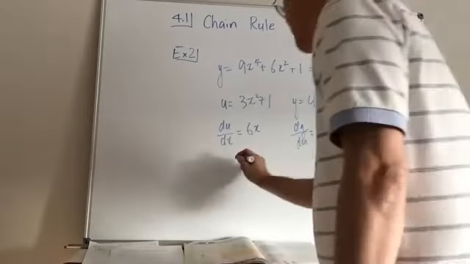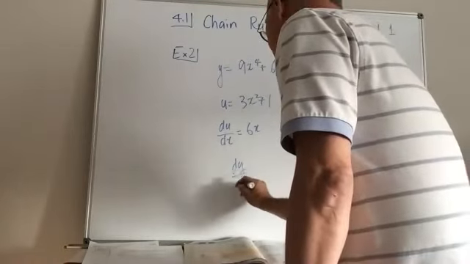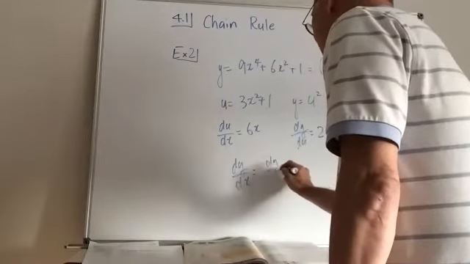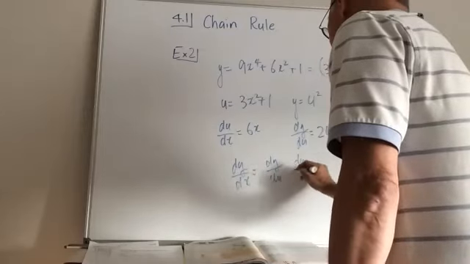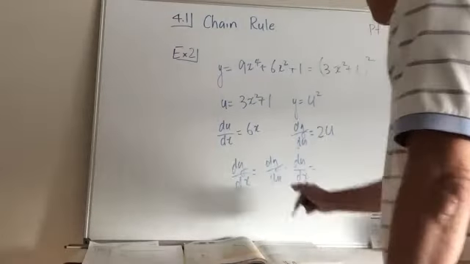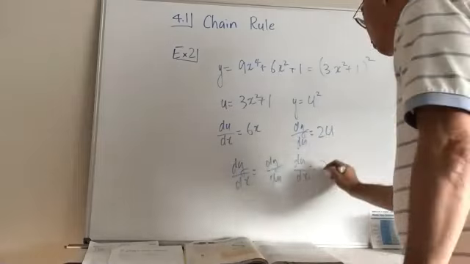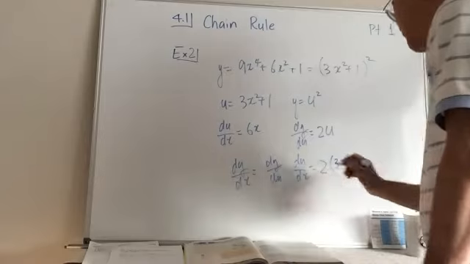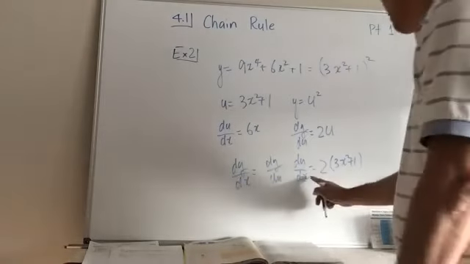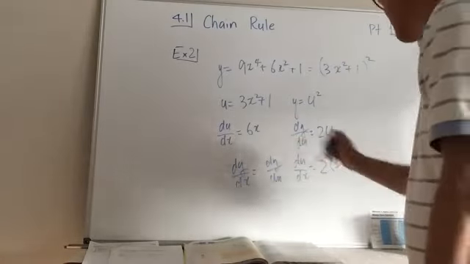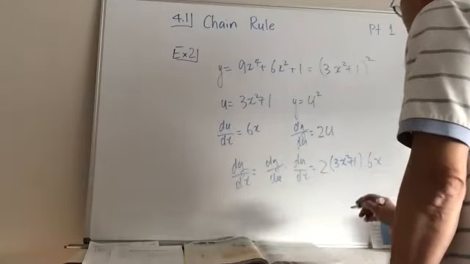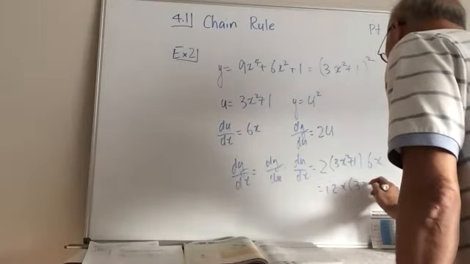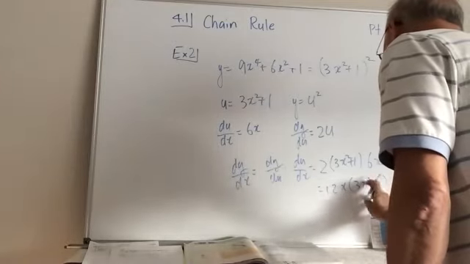So in other words, dy/dx would be equal to dy/du, which is 2u, this guy, times du/dx, which is 6x, right? So this is going to be equal to 12x times (3x squared plus 1).